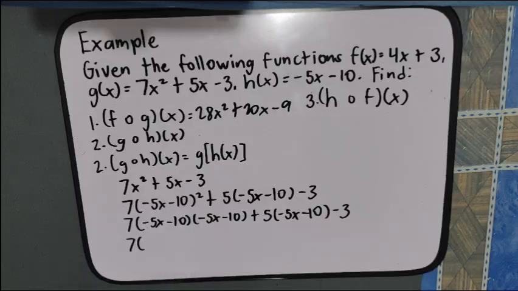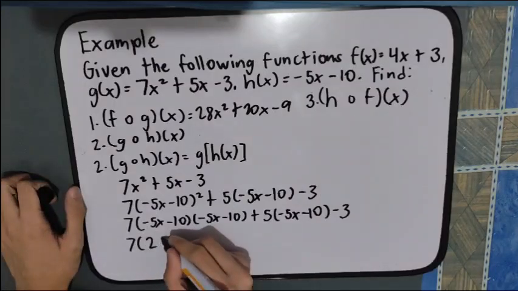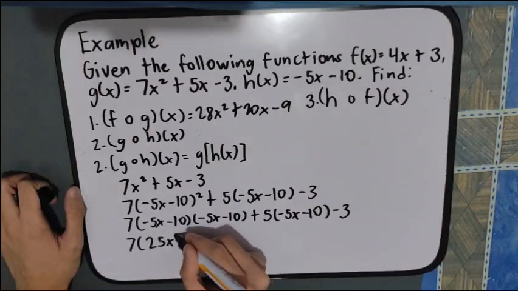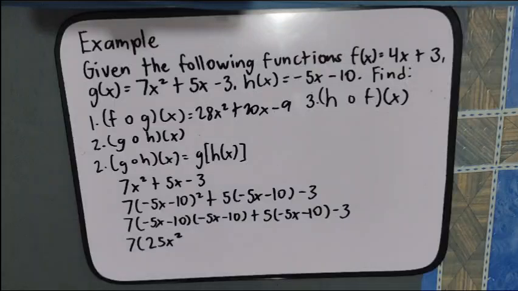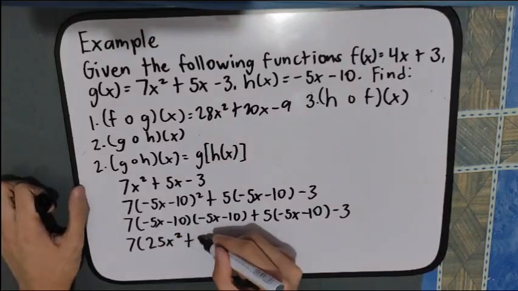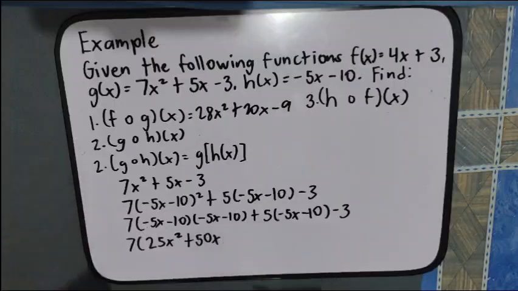We're going to multiply the first terms. Negative 5x times negative 5x, we have positive 25x squared. After that, the outer terms: negative 5x times negative 10, we have the answer of positive 50x.